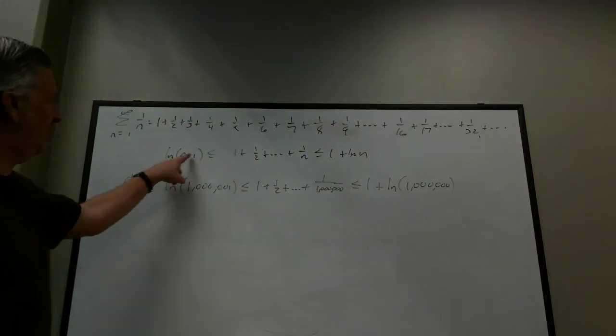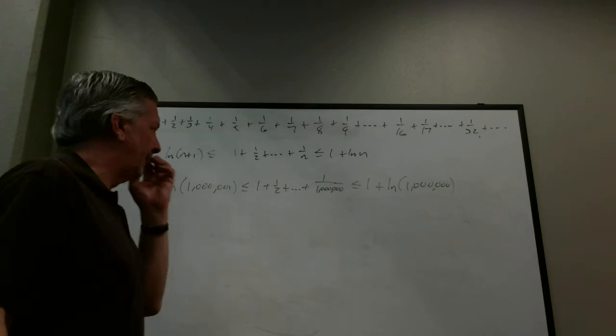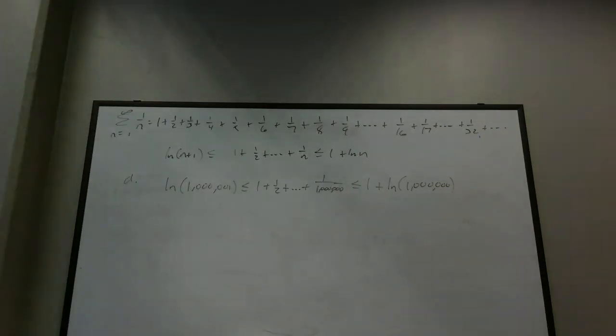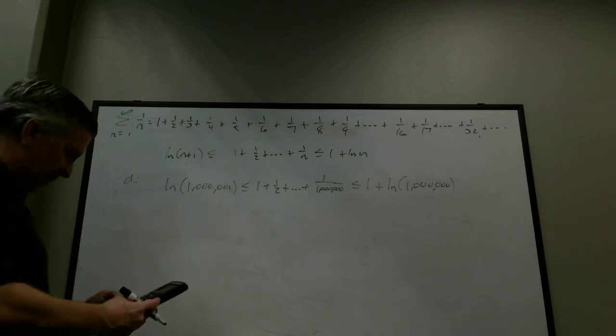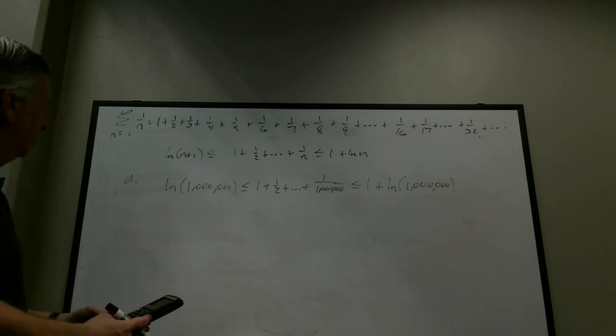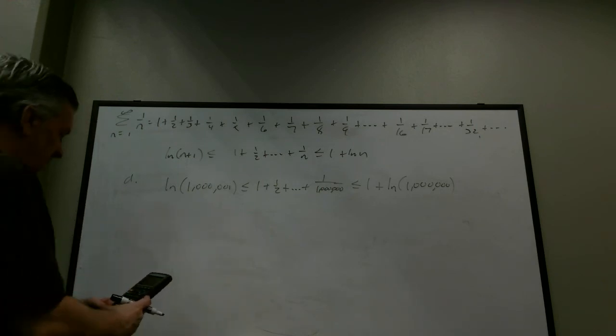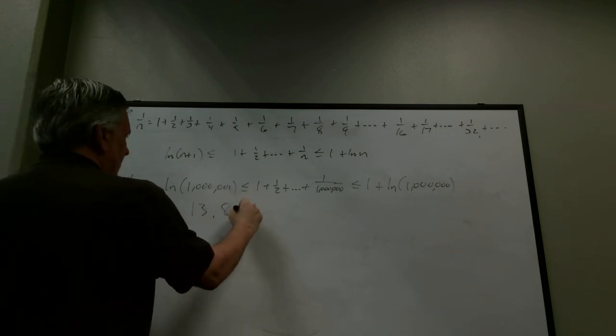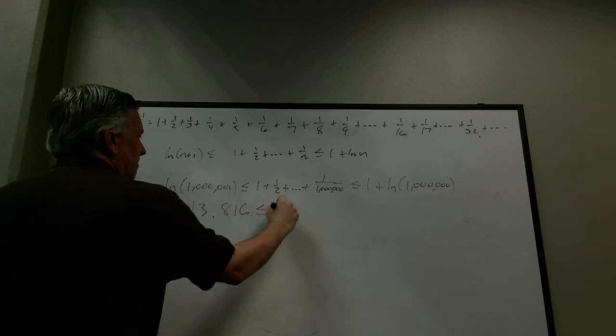Let n be 1,000,000. If you just punch this in the calculator, what's natural log of 1,000,001? I'm getting about 13.8816.